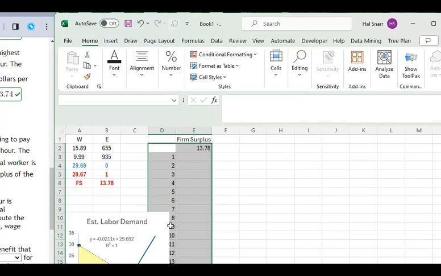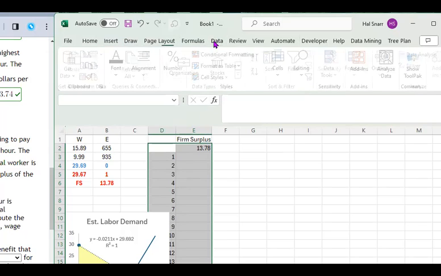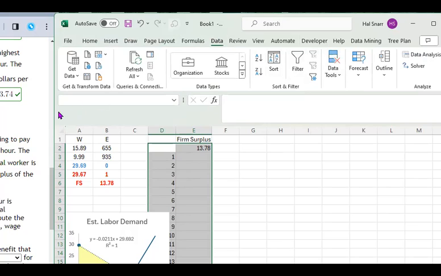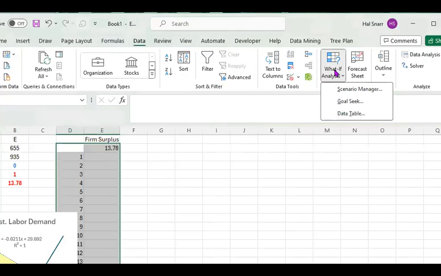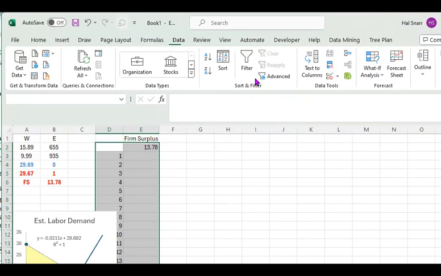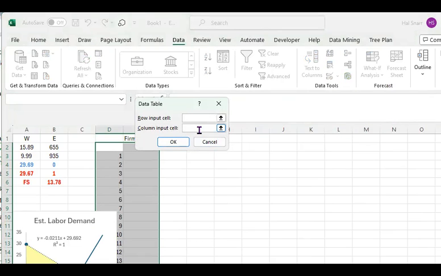Okay, so this is going to be employment level. I'm going to go to Data. Let me widen this up a little bit. What-if analysis. I'm going to do a data table. This is really cool. I'm going to show you a really cool Excel trick here. Data table.